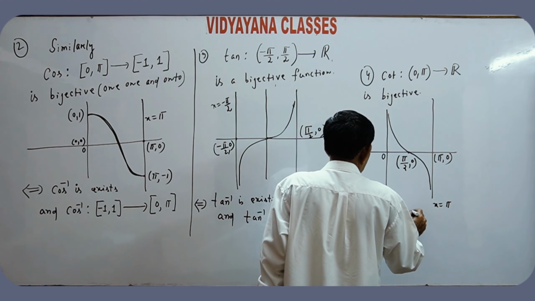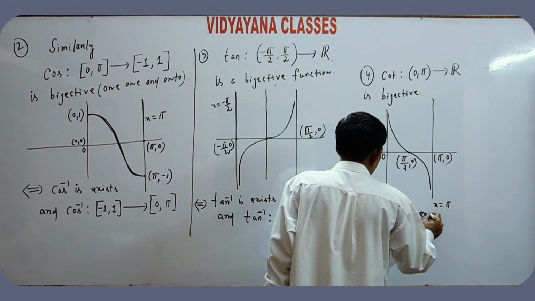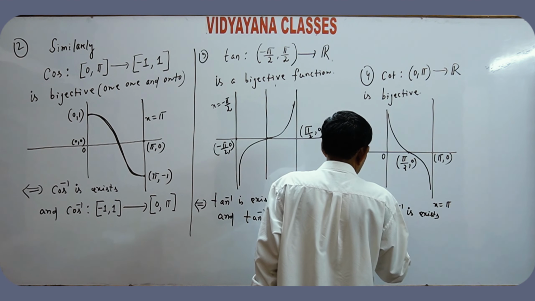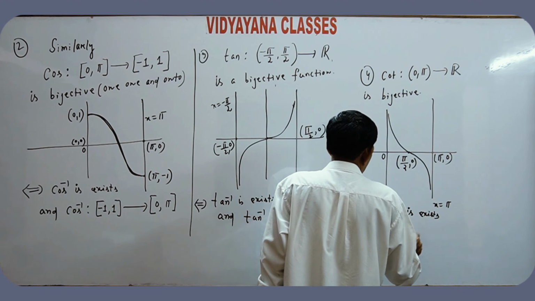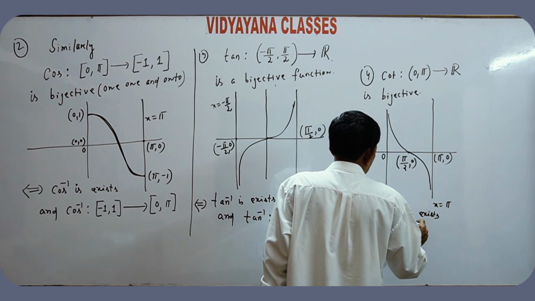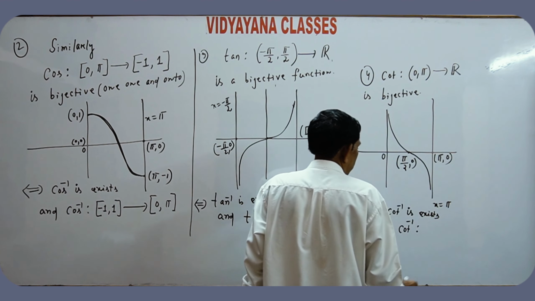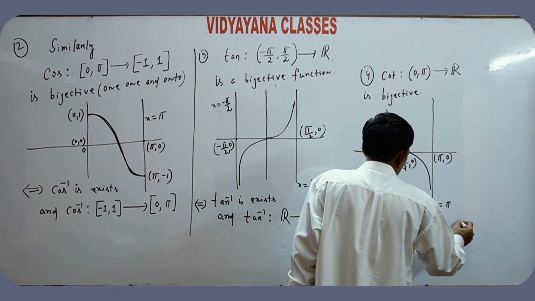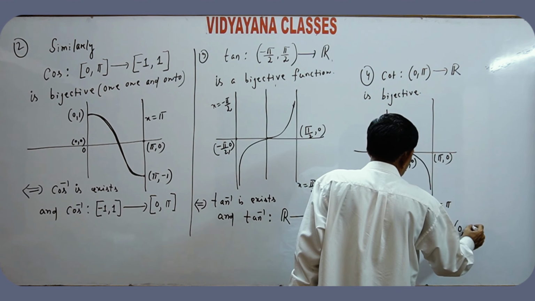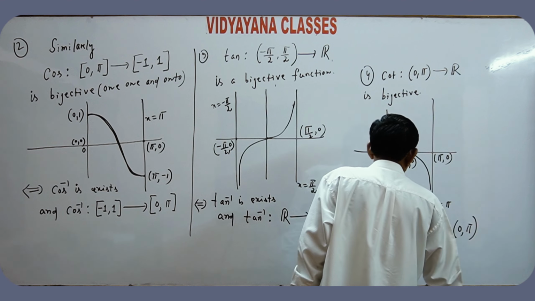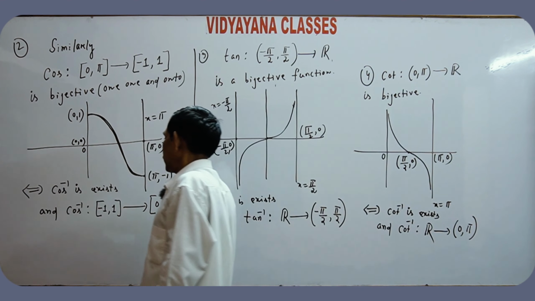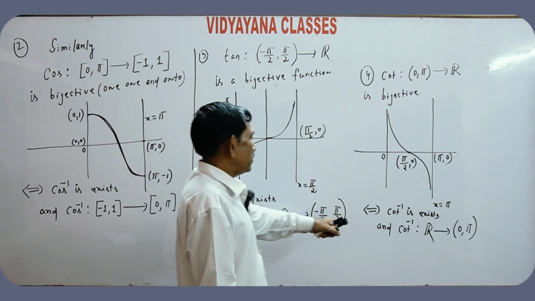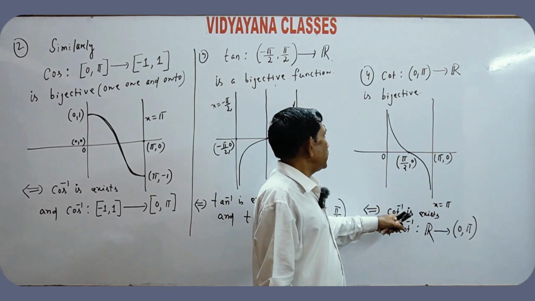Since it is bijective, it implies and is implied by: cot inverse exists. And cot inverse maps the set of real numbers to the open interval (0, pi). The function is invertible.